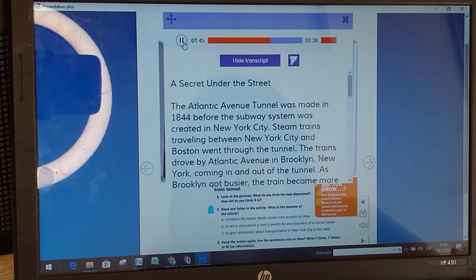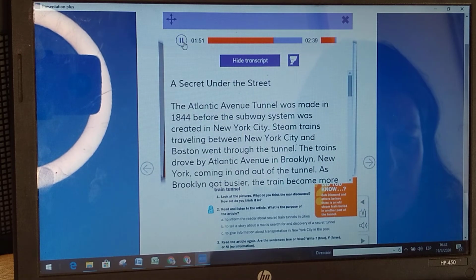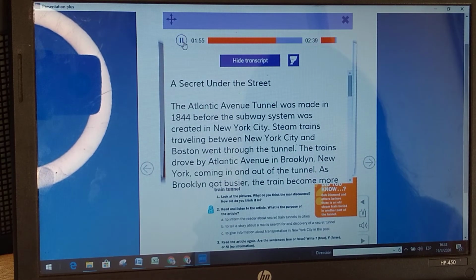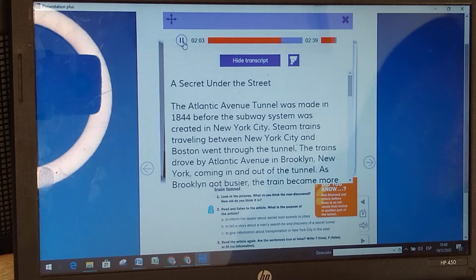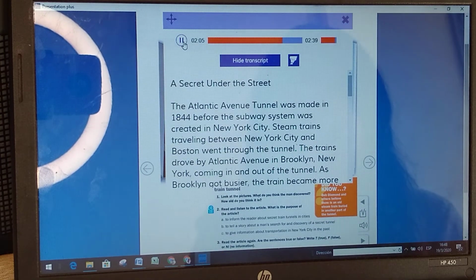When Bob goes to the place on the map, he finds a manhole cover and convinces men from a gas company to let him go down the hole. He crawls underground until he hits a brick wall. He knocks down part of the wall, and he's hit with unexpected cold air. It's the tunnel. Bob's discovery is unbelievable.